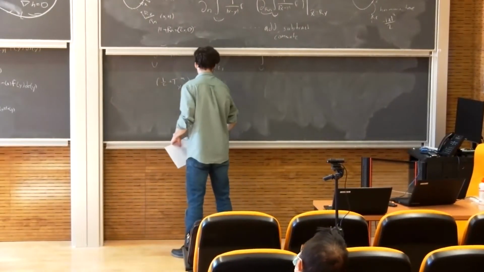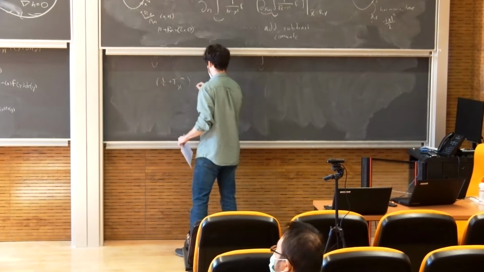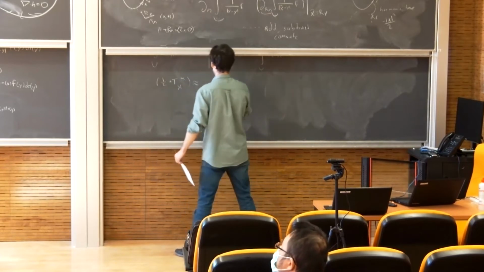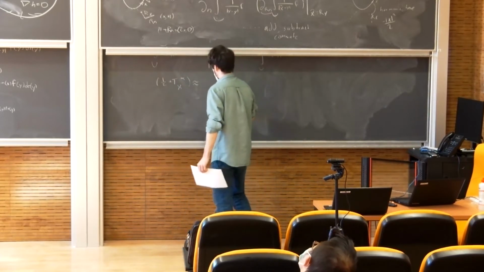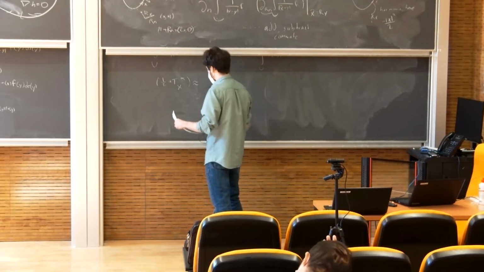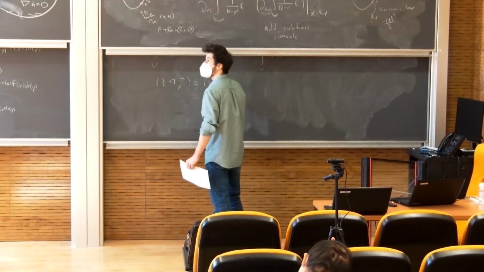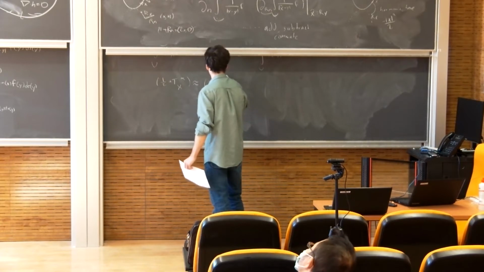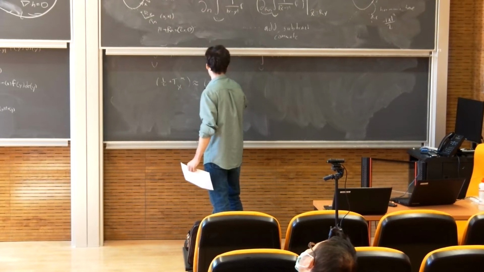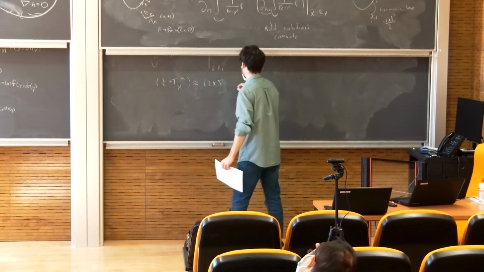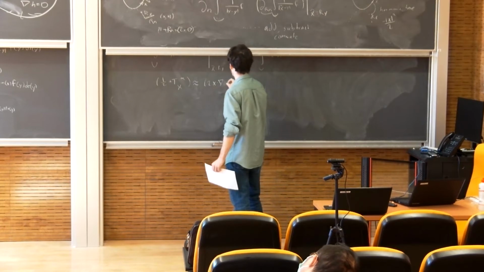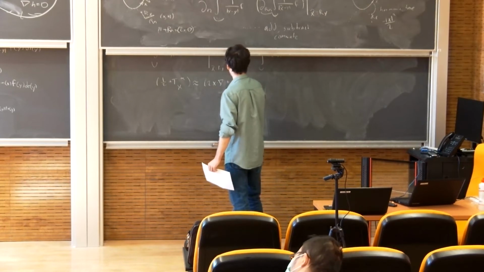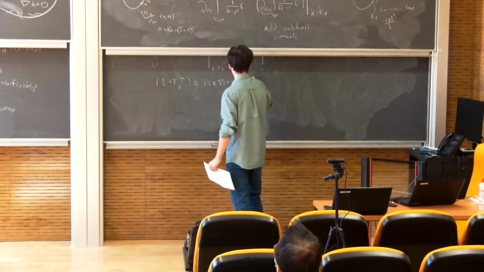I'll just tell you the answer because there's other things to discuss, but basically you get something like this: 2x dotted with the gradient plus x squared times the Laplacian.